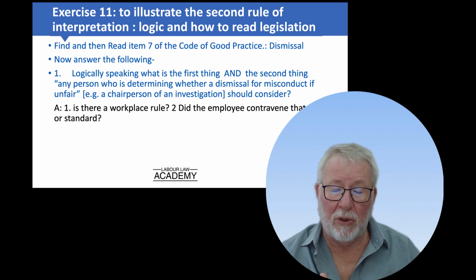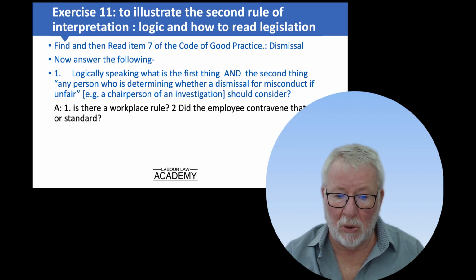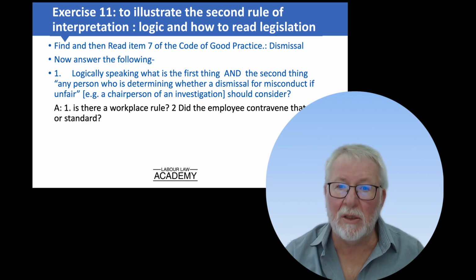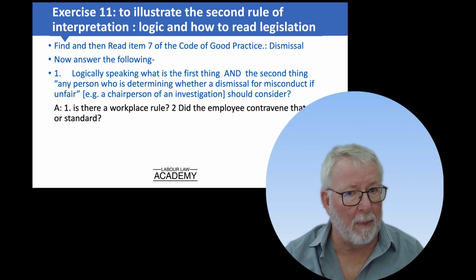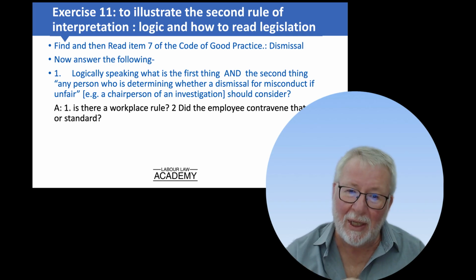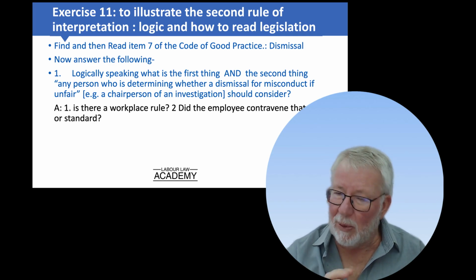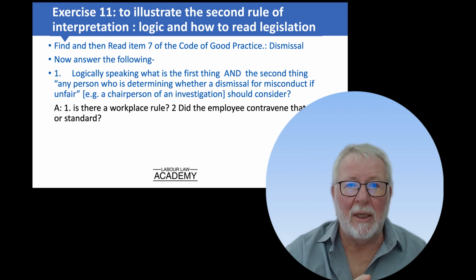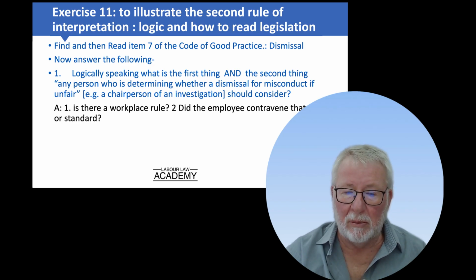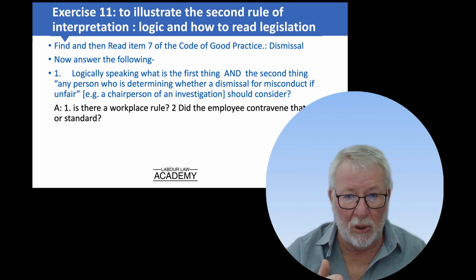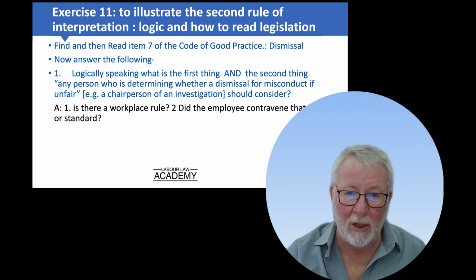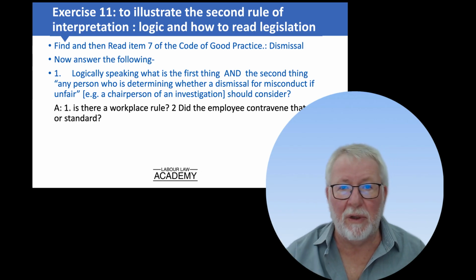So the first thing you should consider is, is there a rule? It says whether they contravened the rule, but by dint of logic, what it is also saying, without saying that clearly, and that's the trouble with interpreting legislation, is that there is a rule. You can't contravene a rule if there's no rule. There must be a rule. And then secondly, if there is a rule, did they contravene the rule?